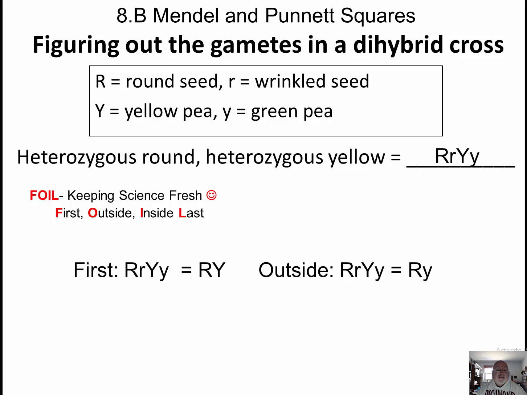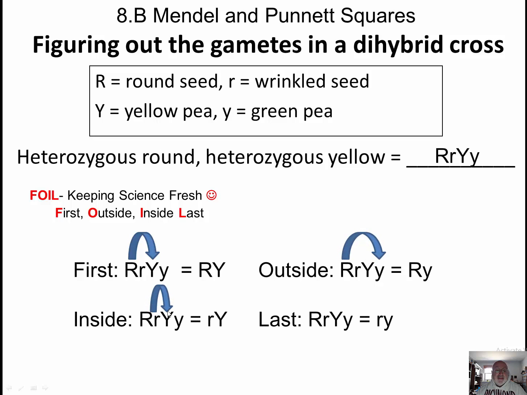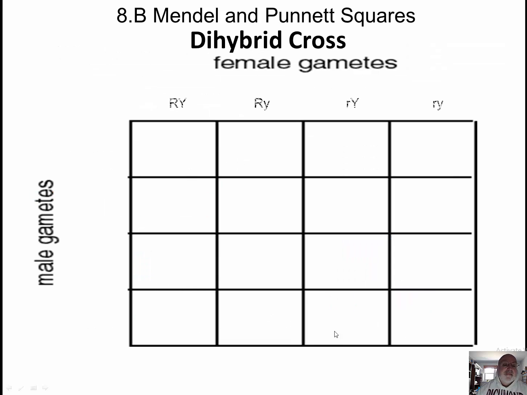So first allele, we take this R and that Y, so we get an R and a Y. Then we take the outside, which is this R and this Y. And then we take the inside, which are these two, this R and that Y. And then we take the last one, which is this R and this Y. So these are the alleles we're going to actually use to set up our square. First, outside, inside, last: FOIL.